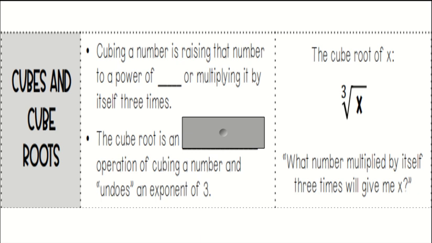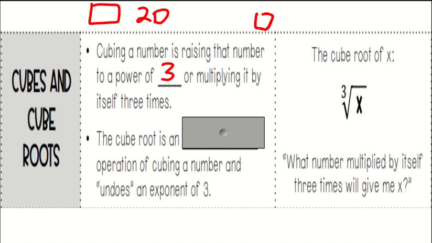So to start with, when we are cubing a number, anybody remember what power we're raising it to? What's the exponent for a cube? 3. Think of it this way. When you have a square, it is a 2D shape, right?